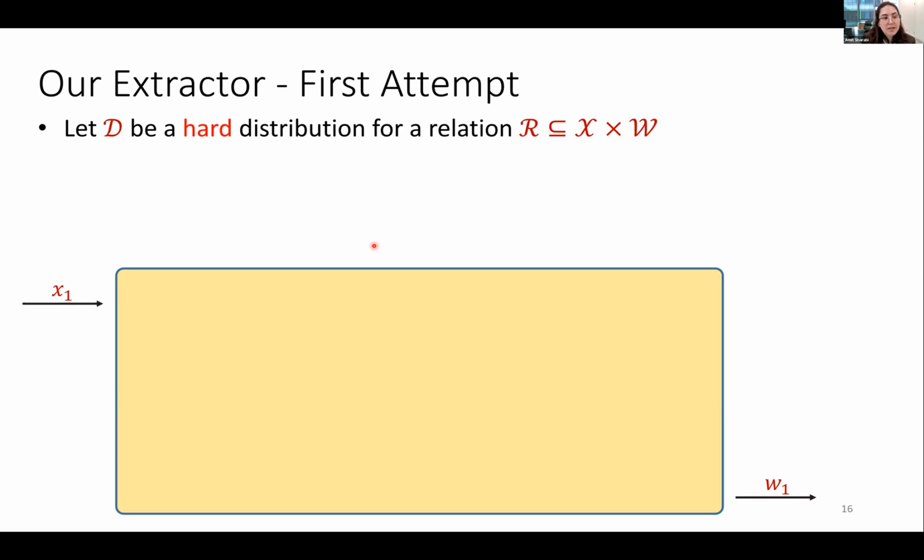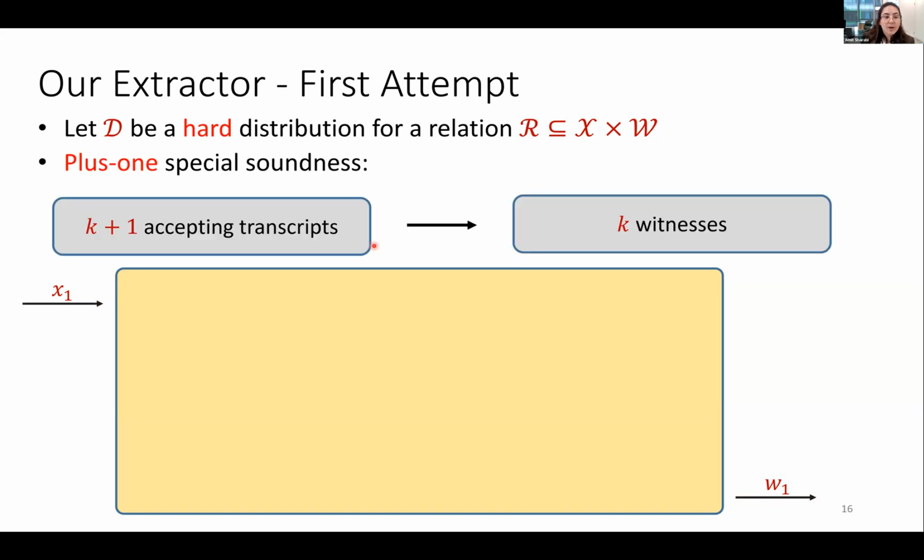The first trivial extractor uses the k+1 special soundness, which is a generalization of the special soundness property. The k+1 special soundness property means that given k+1 accepting transcripts, one can extract k witnesses.